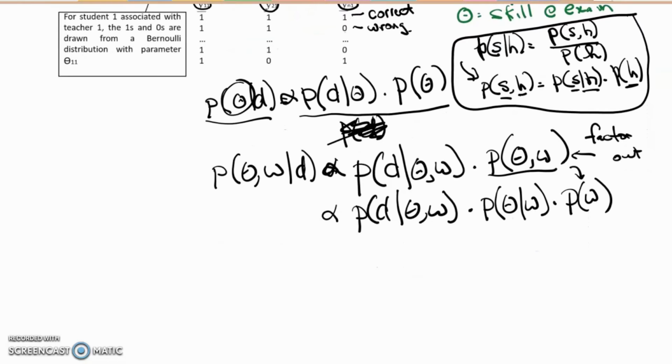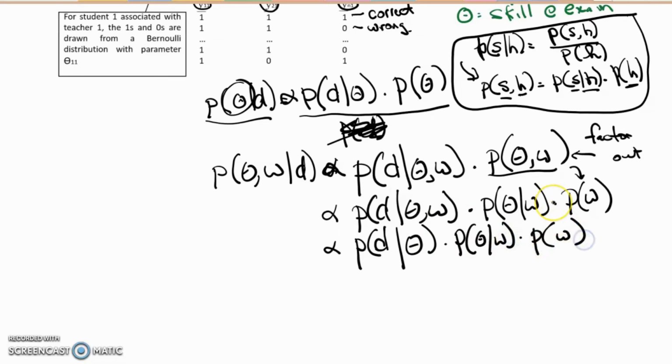And then I'm going to make another change. I'm going to say that that's proportional to the probability of the data given theta times the probability of theta given omega times the probability of omega. So what have I done here? What I've done here is essentially just forgotten about omega. And that sort of is the case.